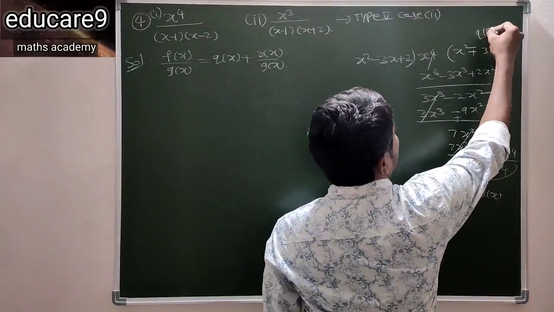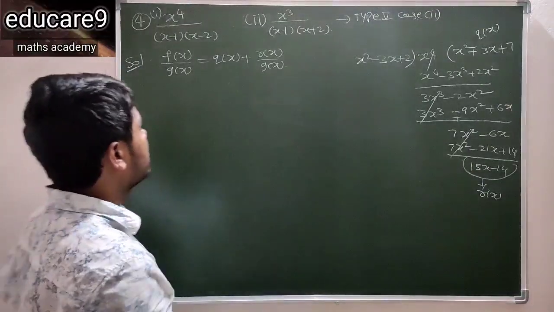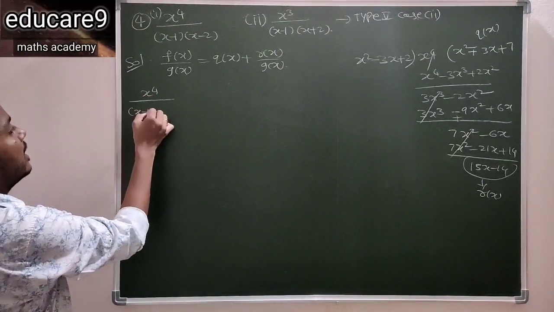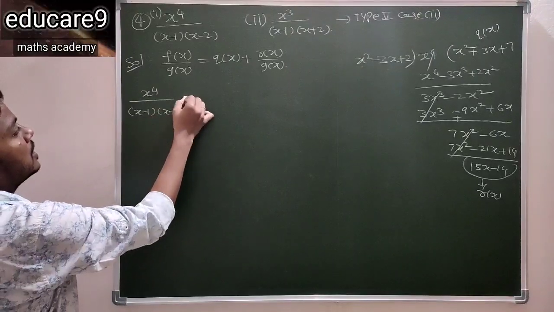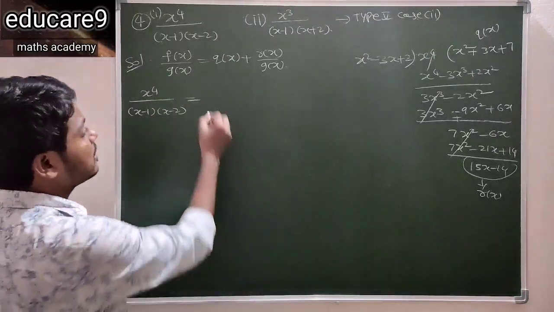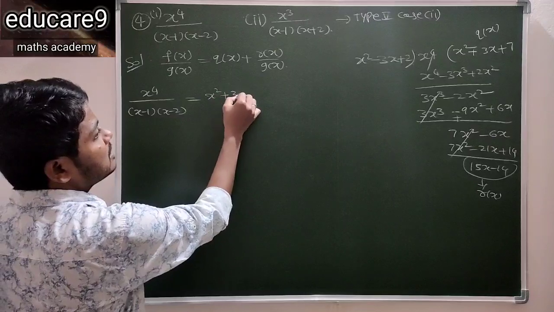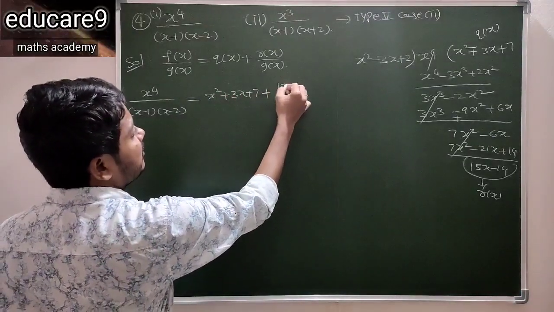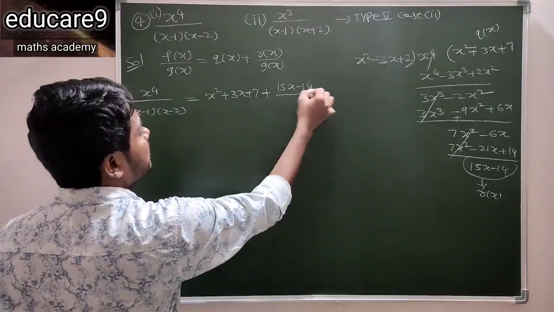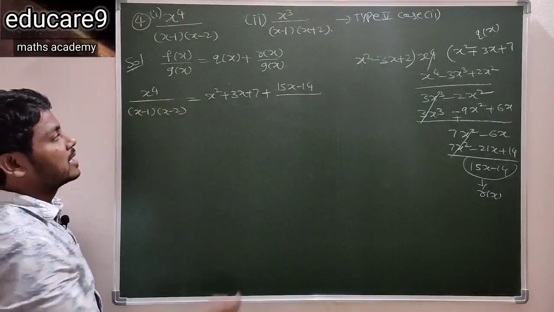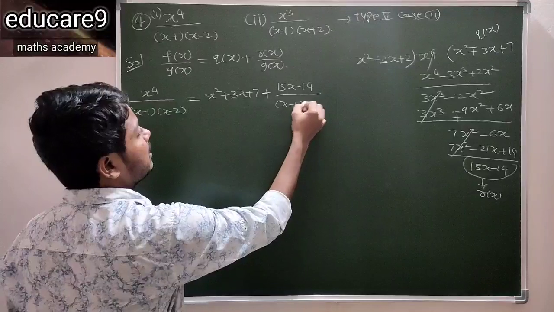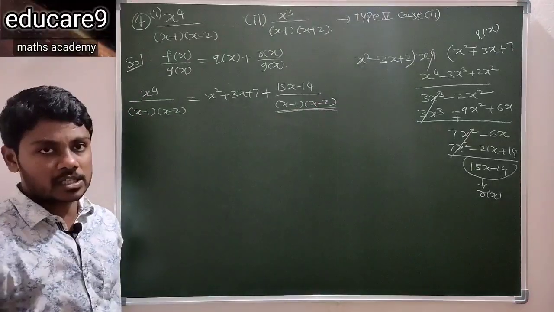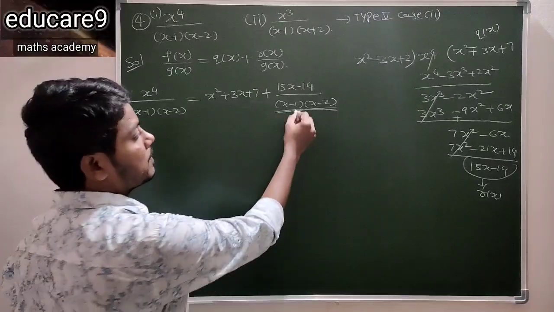And this is q of x. So here therefore x power 4 by x minus 1 into x minus 2 is equal to, what is q of x? X square plus 3x plus 7 plus r of x, 15x minus 14 by g of x. So what is that? X minus 1 into x minus 2. So clear this is proper fraction and type 1.